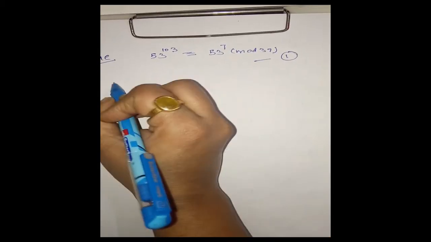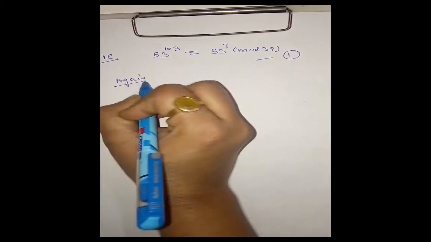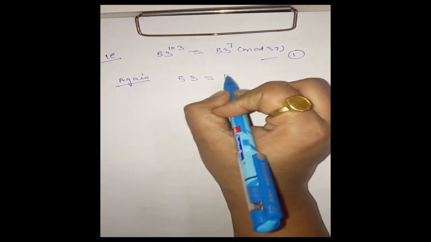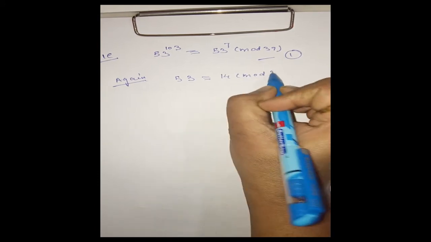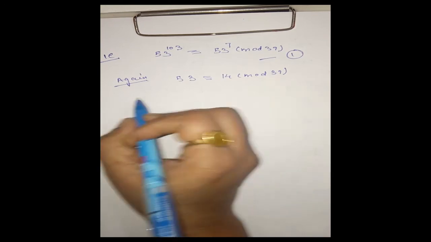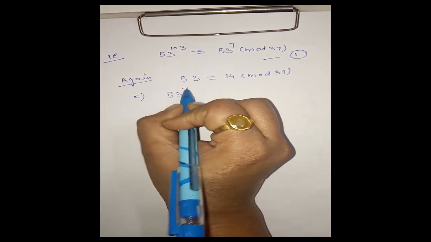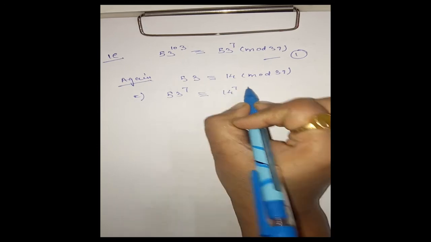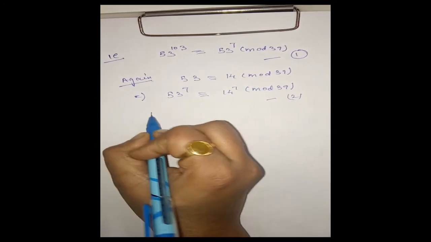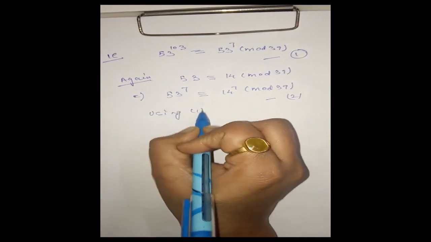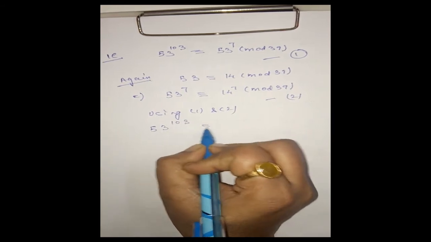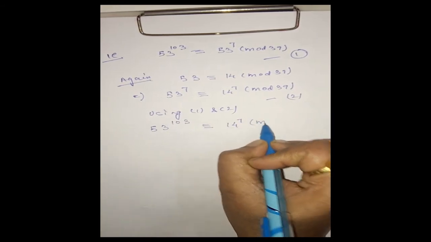Now again I am going to use this congruence. 53 is congruent to 14 modulo 39, since 53 minus 14 is equal to 39. This will give us 53 power 7 is congruent to 14 power 7 modulo 39. Mark this as 2. Using 1 and 2, we have 53 power 103 is congruent to 14 power 7 modulo 39.